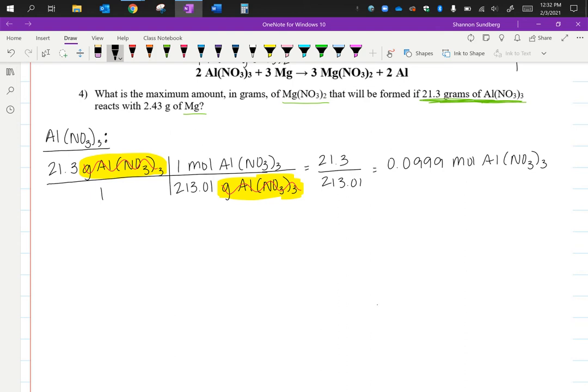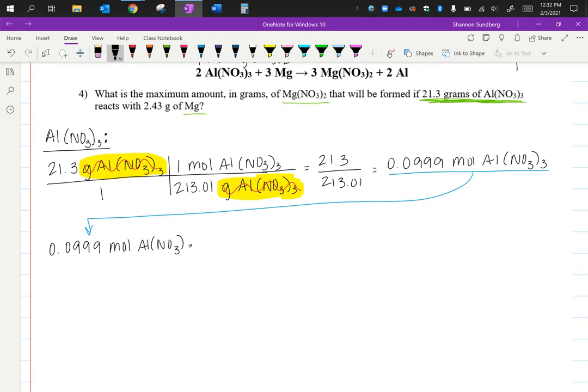Okay, now I need to convert from moles of Al(NO3)3 to moles of my product, which is Mg(NO3)2. So I got to take this number right here, and it is going to be my new given in my next T-chart. So 0.0999 moles of Al(NO3)3. And that's my new given. So don't forget, given goes over 1. I need to get rid of this, so that means that these units have to go down again.